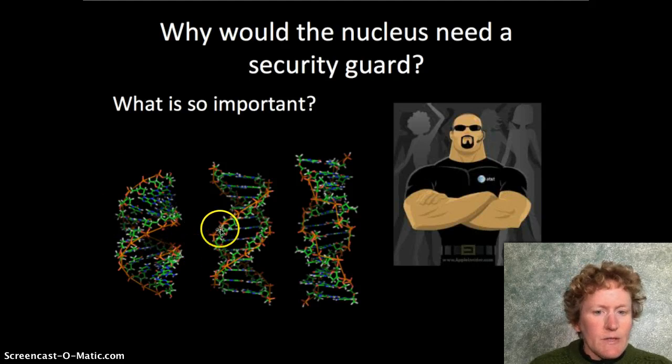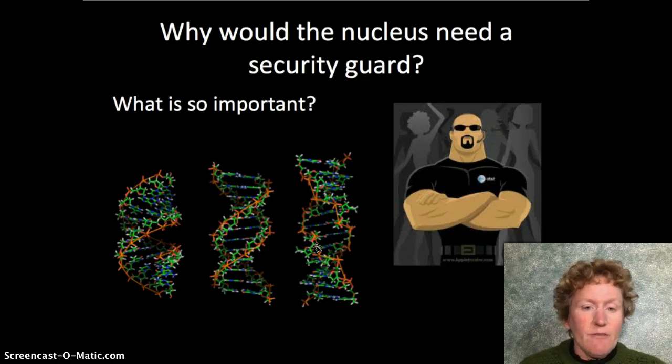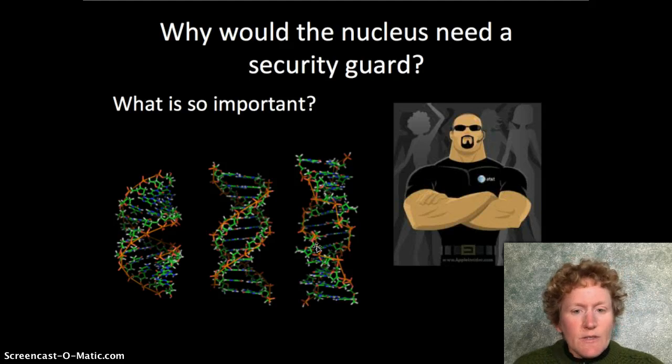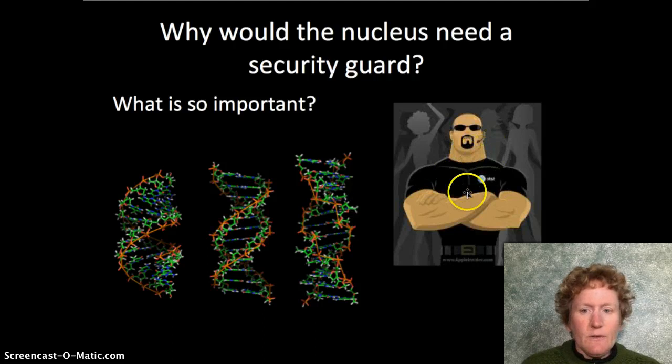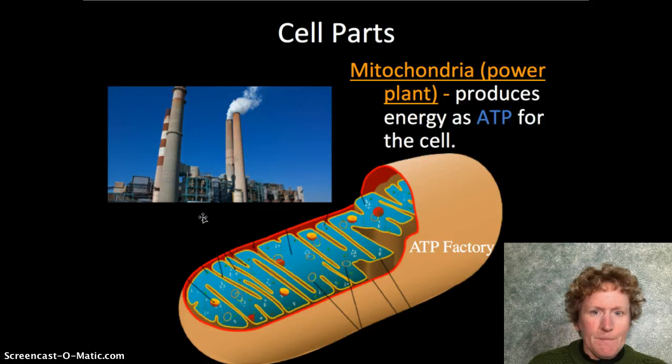And if you look at this picture here, you realize what's really important that's in the nucleus is DNA. DNA contains all of the instructions for everything that goes on in the cell. So the nucleus needs a good security guard, a nuclear membrane, to protect the DNA.